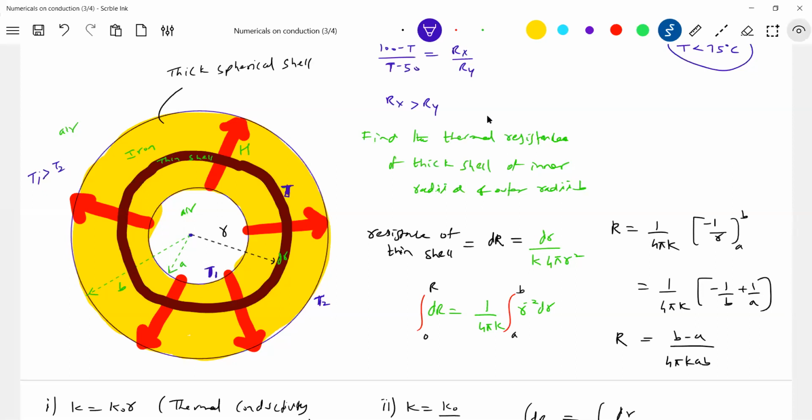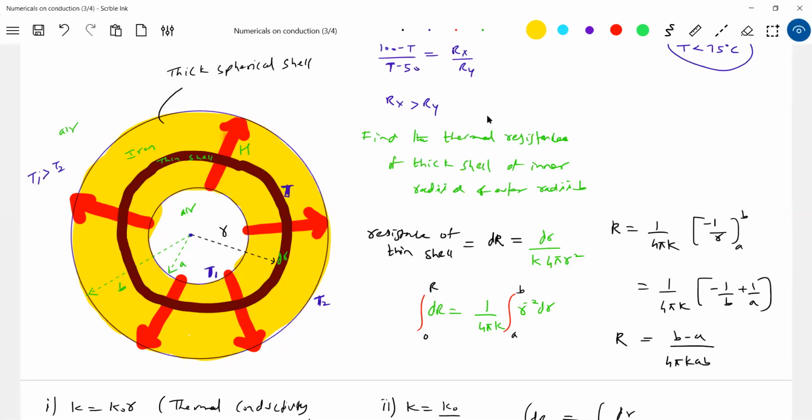Again, I should assume that this is one thick shell, and next, this is another thick shell. The shell from radius A to r is one shell, then r to B is another shell. Then how will the heat current flow? The same heat current will flow, because they are in series. What heat current flows here, the same heat current will flow here. What amount of heat is flowing in this region? The same amount will flow here.